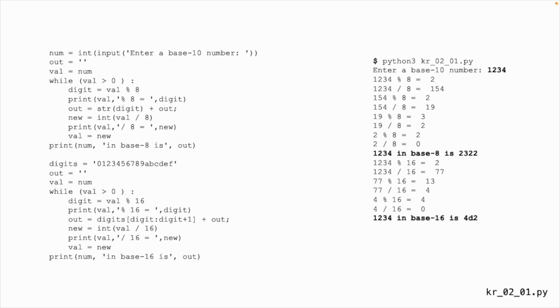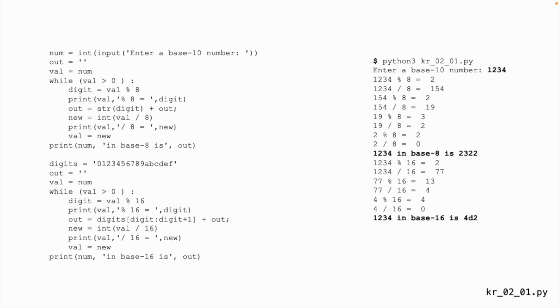So now your bottom 2 digits are 2, 2. And then you do 19 modulo 8, and you get 3. And that next digit from the right is a 3. Then you integer divide by 8 to get what's left over. And that's below 8, and so the fourth digit from the right is a 2. So 1, 2, 3, 4 in base 10 is 2, 3, 2, 2 in base 8.